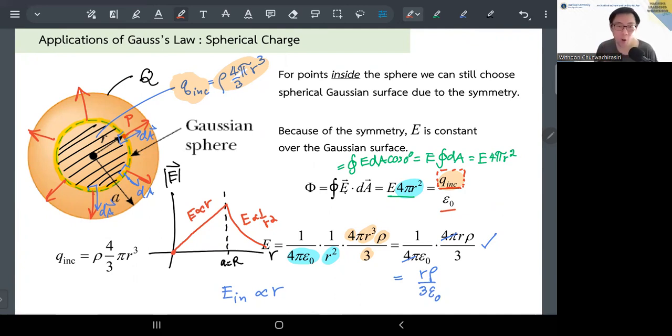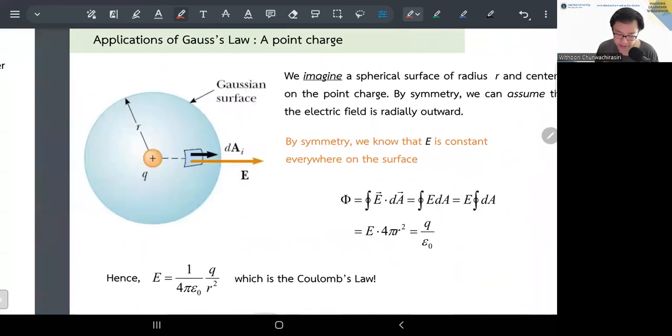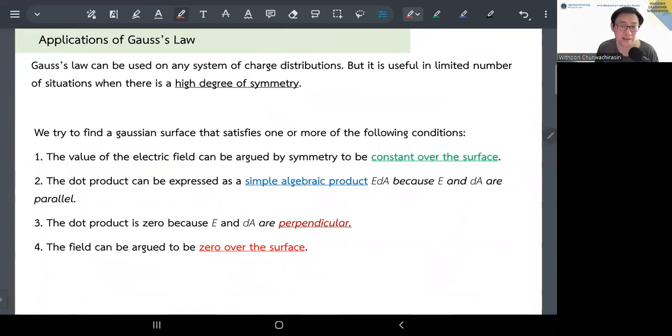I hope you understand this application, and if you go back and try to read this slide, it makes more sense now, because here, for the value of the electric field, we use the argument of symmetry to select the Gaussian surface. We try to be clever and pick the shape of the Gaussian surface to make our life easy, for example so that the field is constant over the surface.